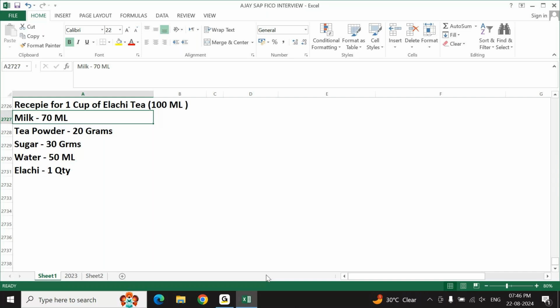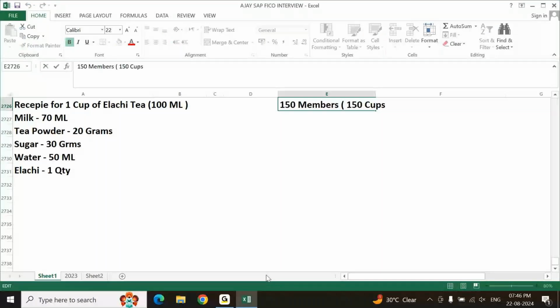Now, next time, let's say I need to prepare tea for 150 members. In short, 150 cups. I got an order for 150 cups of tea, or I need to manufacture it. It is practically not ideal for me to prepare one tea like this 150 times or 100 times.